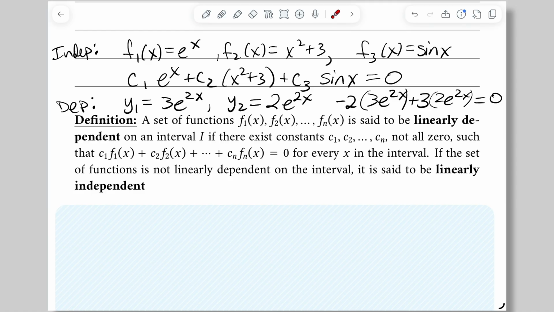And now what I have is negative 6 and 6, and they add up to 0, right, with the e to the 2x. The coefficients c1 and c2 are not all 0, but the linear combination is 0. That's what makes them dependent. You basically can see independence by looking at functions most of the time.